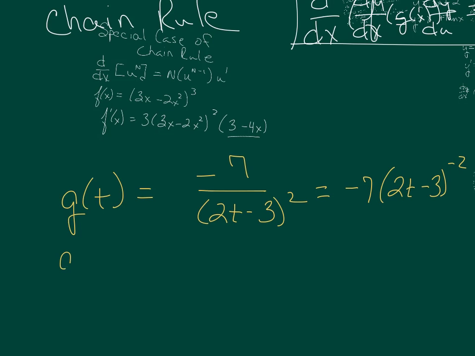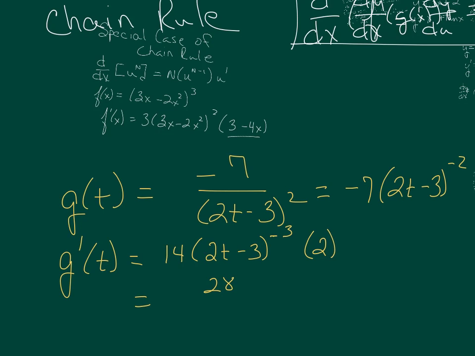So here when we take the derivative now, we can use that special case, and we would have 14 times 2t minus 3 to the negative 3 times 2. And you never leave negative exponents in your final answer, so it's 28 over 2t minus 3 cubed.